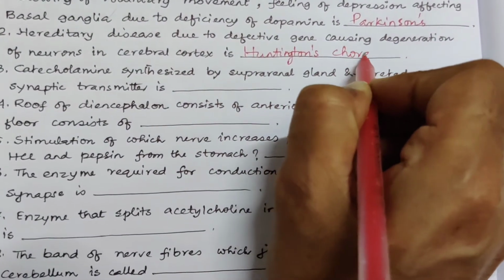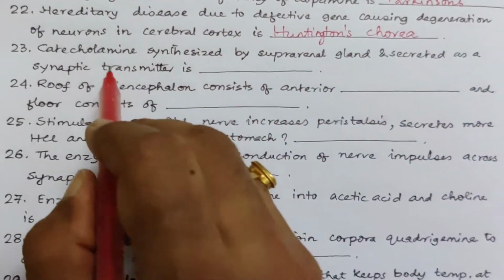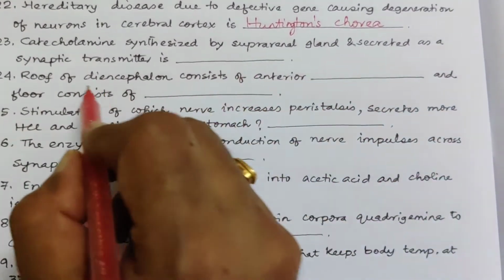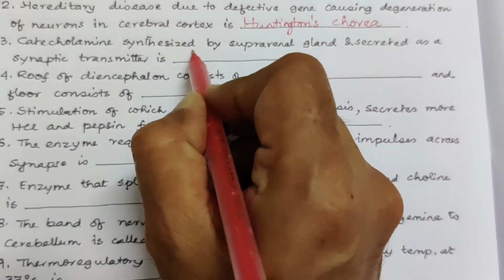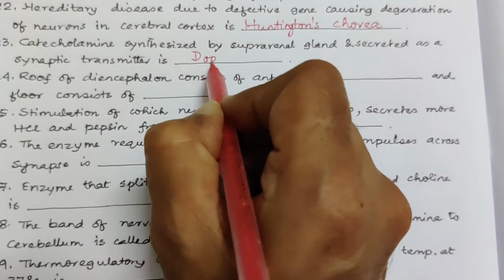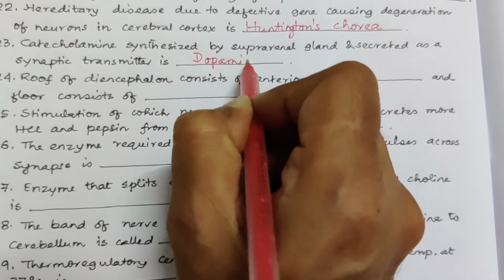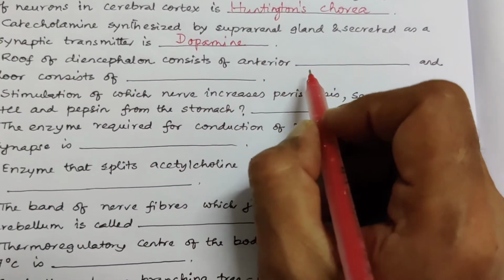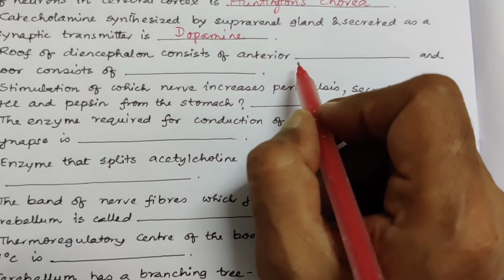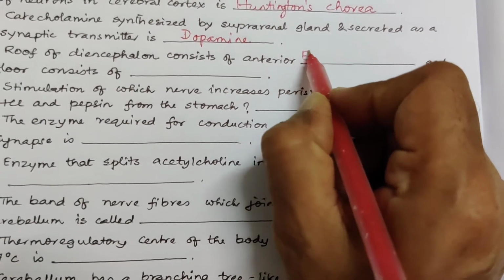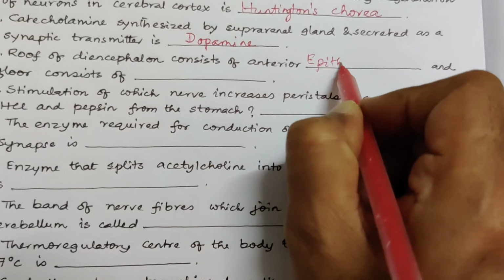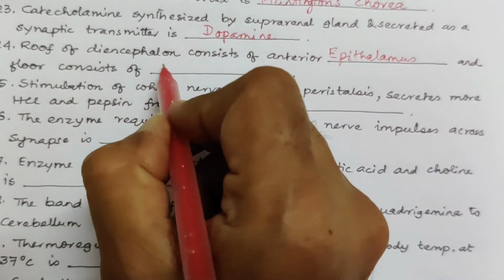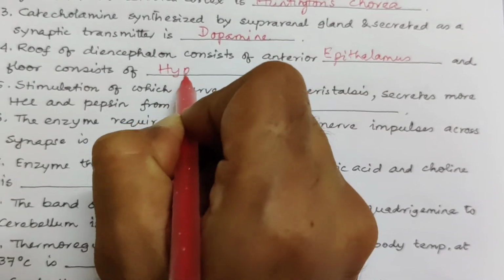Chorea, C-H-O-R-E-A. Catecholamine synthesized by suprarenal gland and secreted as a synaptic transmitter is dopamine. Roof of diencephalon consists of anterior epithalamus, and floor consists of hypothalamus.